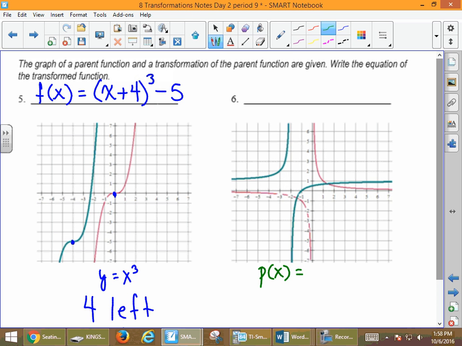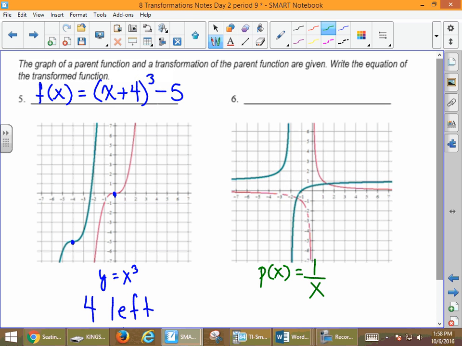One thing that I'd just like to show you on this one is that our parent function is 1 over x. If you think back to our parent function notes, we talked a little bit about how there's an asymptote in this problem.